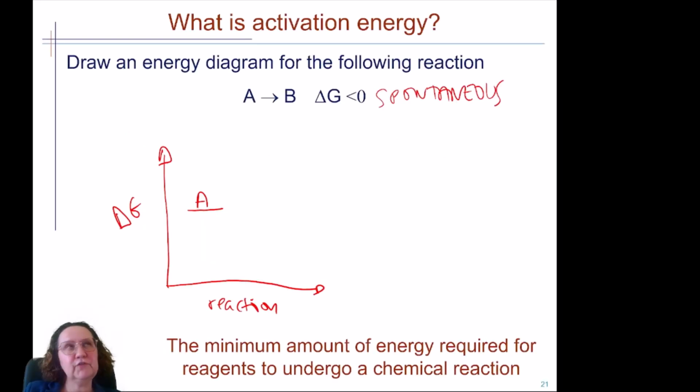Okay, so 50-50% chance that you got it right. Hopefully you put B lower. And this is the delta G for that reaction. Those reagents have enough energy to make the products without any help from the outside world and have some energy to spare.